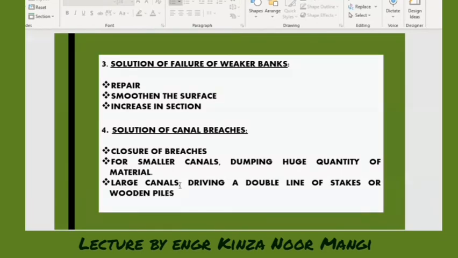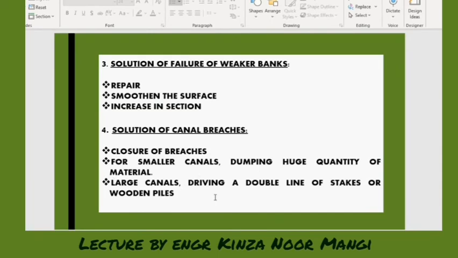If we dump material, it will drain off with the water. That's why we cannot go with dumping a huge quantity of material in the case of large canals. For that what we do is drive a double line of stakes, or wooden piles.